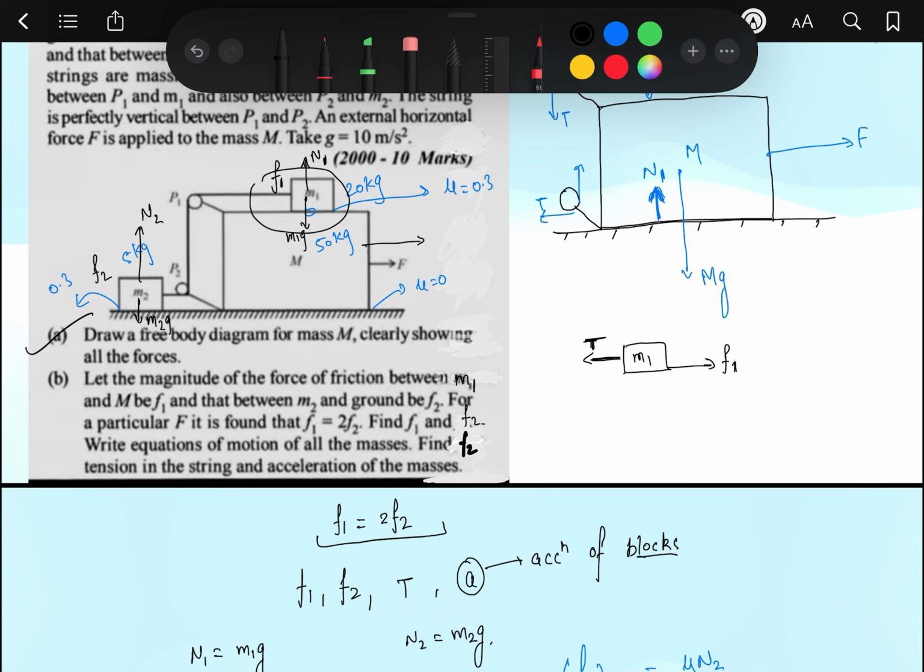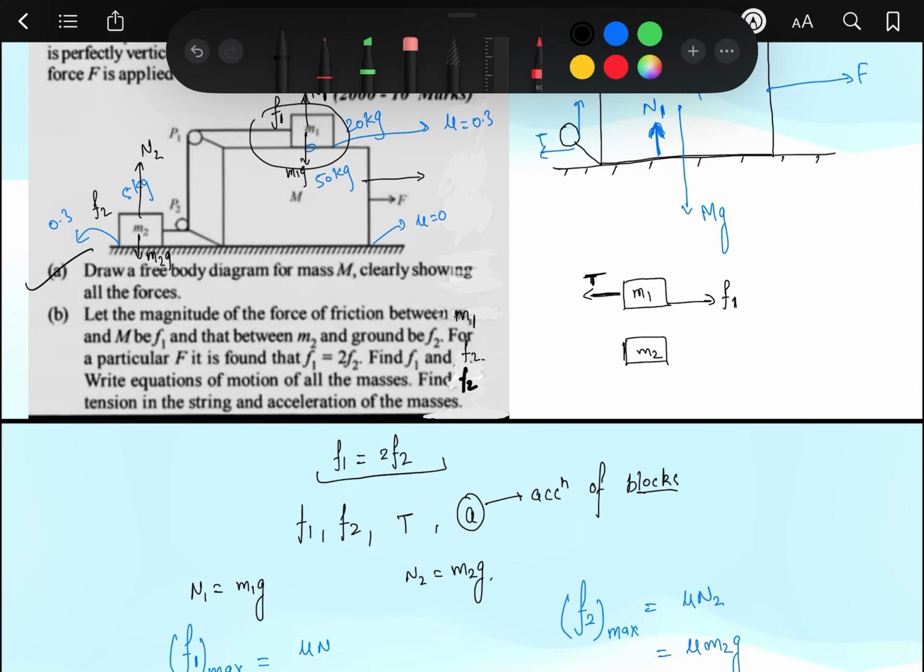Similarly, this is our m2. I am just writing the horizontal forces here. There will also be a weight and a normal reaction, but I am not considering them. For m2 there will be a tension force in the right direction, and since this tension force is trying to pull m2 in the forward direction, there will be a friction force F2 acting in the backward direction.